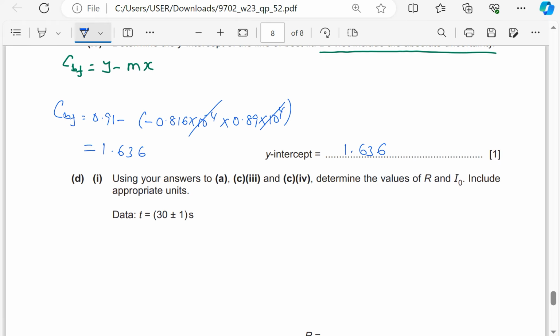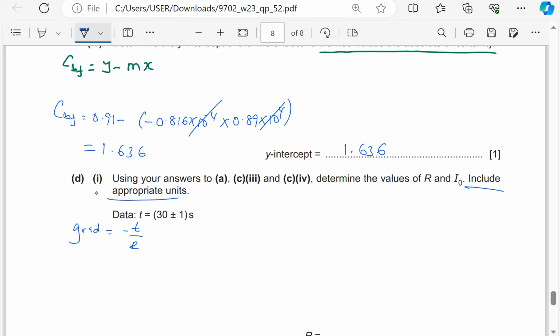Using your answer to A, C Roman 3 and C Roman 4, determine the values of R and I naught, include appropriate units. So this part here is what students always forget. Remember from the start we said the gradient was negative T over R. What does that mean?